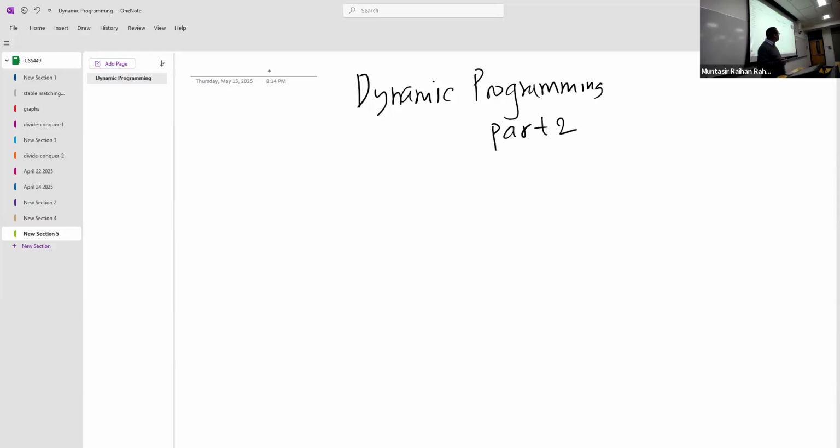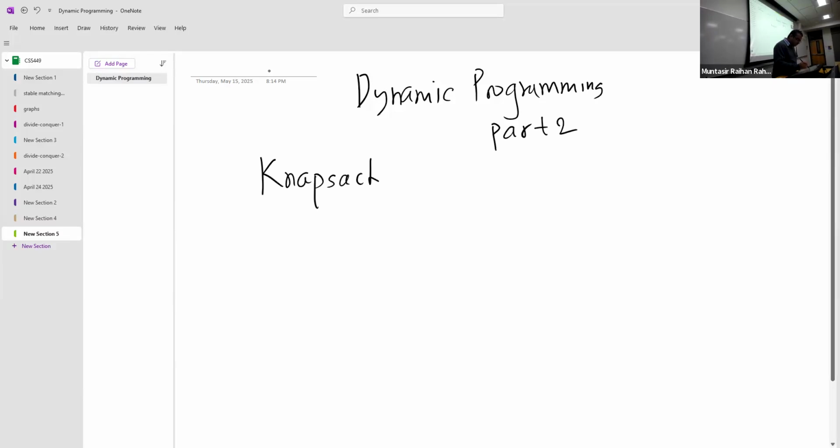Basically we're going to look at some additional problems that can be solved with dynamic programming. Some of the canonical problems that we look at is going to be a version of the knapsack problem.